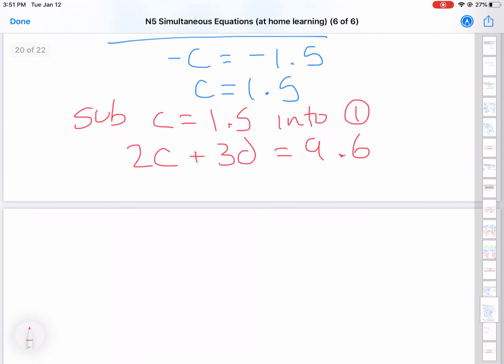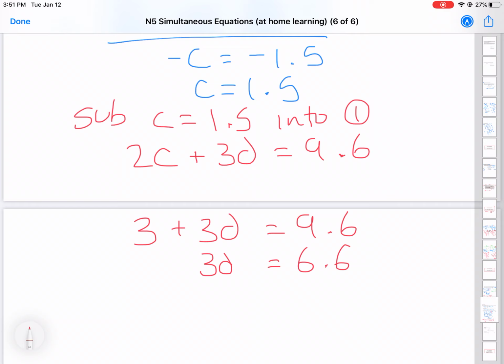That's going to give us 2 times C is 3, plus 3D equals 9.6. Take away the 3 from 9.6, so 3D is 6.6 and D then is 2.2.